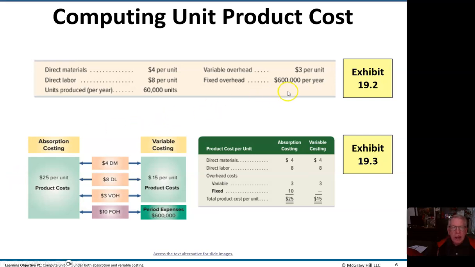That included taking the $600,000 per year in fixed overhead and dividing it by the 60,000 units that we produced to get $10 in fixed overhead. Okay, and so if we were doing product costs under variable costing, however, we will show these period costs of $600,000 expensed right away. So this nicely summarizes the costs associated under these two methods.